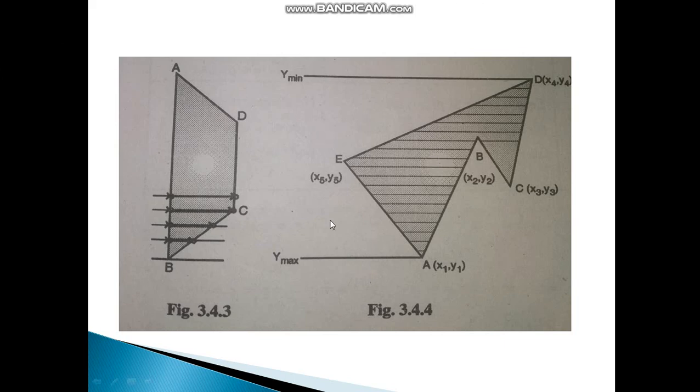This is the figure. Suppose in this figure we are finding the intersection of the scanline with every edge of the polygon.